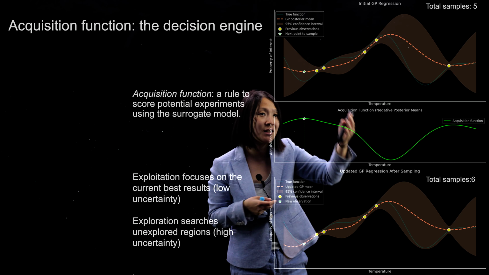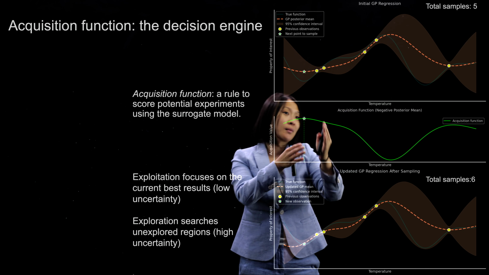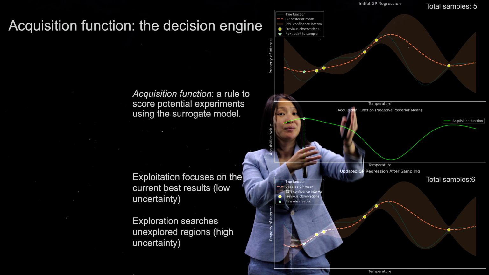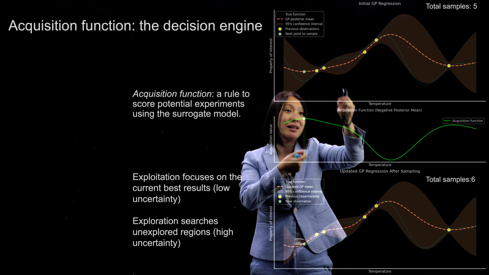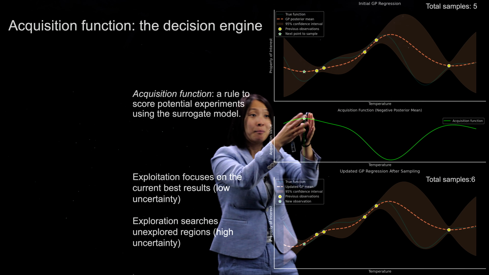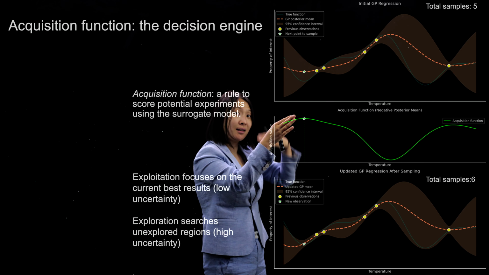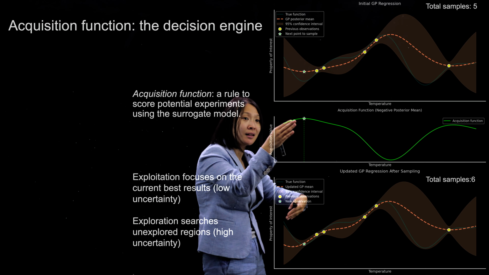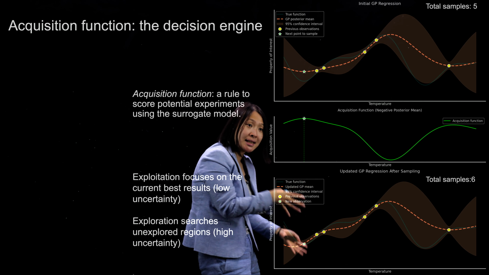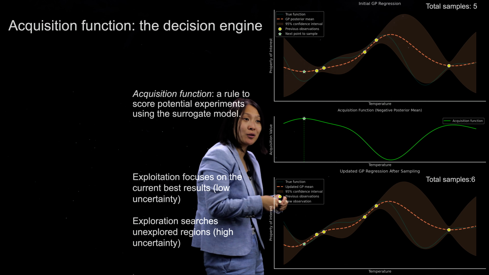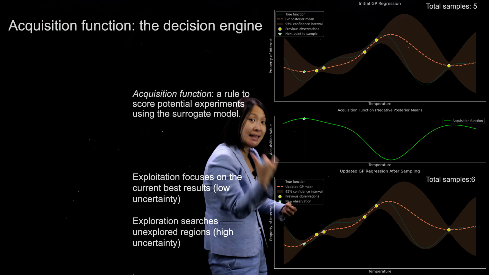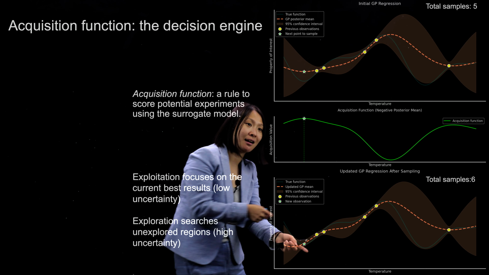The acquisition function value ranks the different temperatures, and the highest means we choose that point to sample next. Using this acquisition function of choosing the smallest posterior mean, the sixth sample has been sampled, and this updates our Gaussian process regression model with the additional information of the sixth sample at this star location.